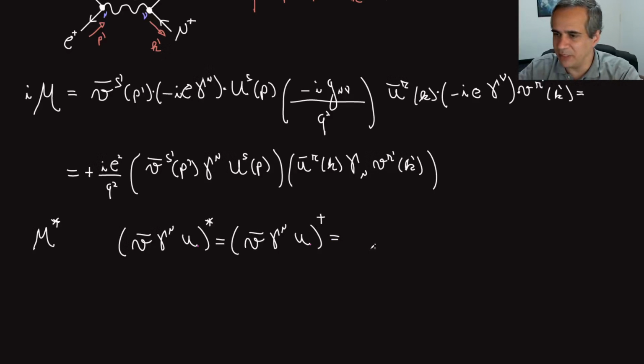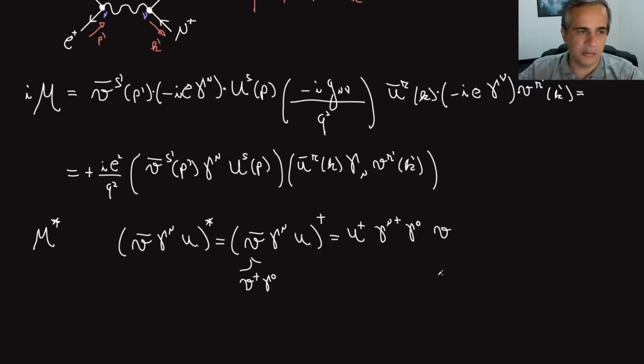So now let me take the dagger of all of this. Remember that this guy is just V dagger gamma 0, so this becomes U dagger gamma mu dagger, gamma 0 dagger V, V dagger dagger, which is V. We know in our convention that gamma 0 is equal to gamma 0 dagger, so I can eliminate the dagger there.